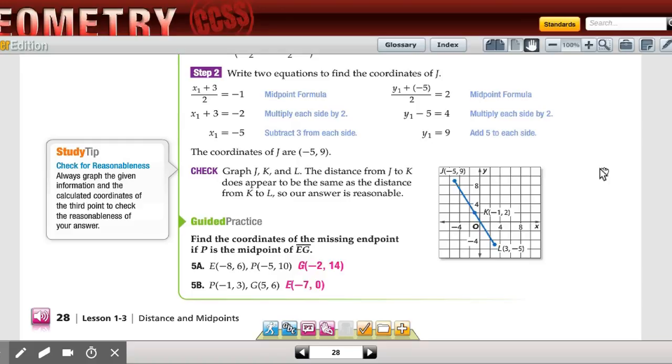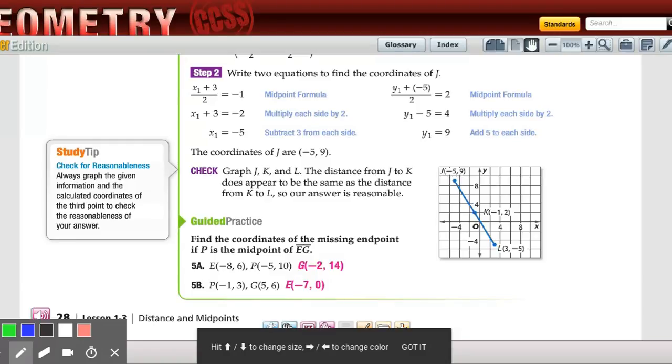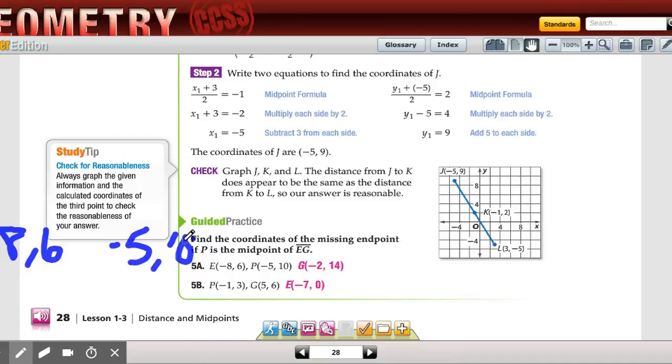So again, if you use the midpoint formula, here's my -8, 6. Here in the middle is -5, 10. And they go through this long thing to say, how do you find out what this other point is. Because if I know this one's here and this one's here, but that's the midpoint, I do it visually.